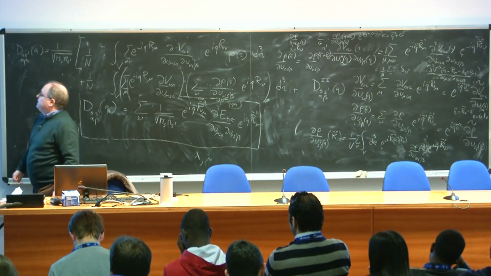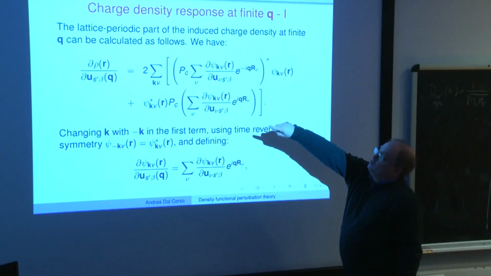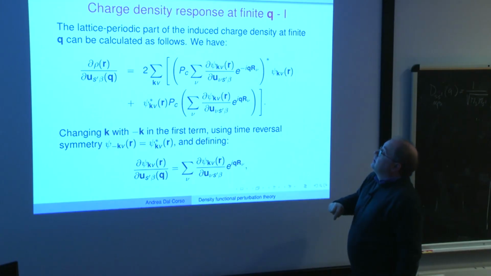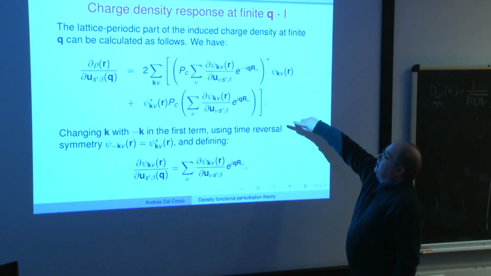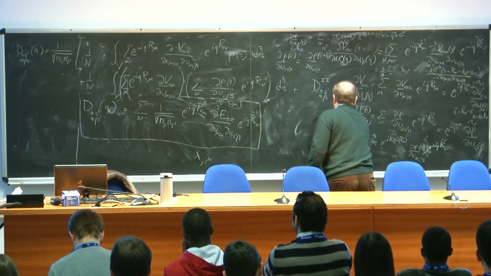So if we use this, then the expression of the derivative of rho over d u s prime beta of q, well, maybe we write it down. Otherwise, I go too fast.